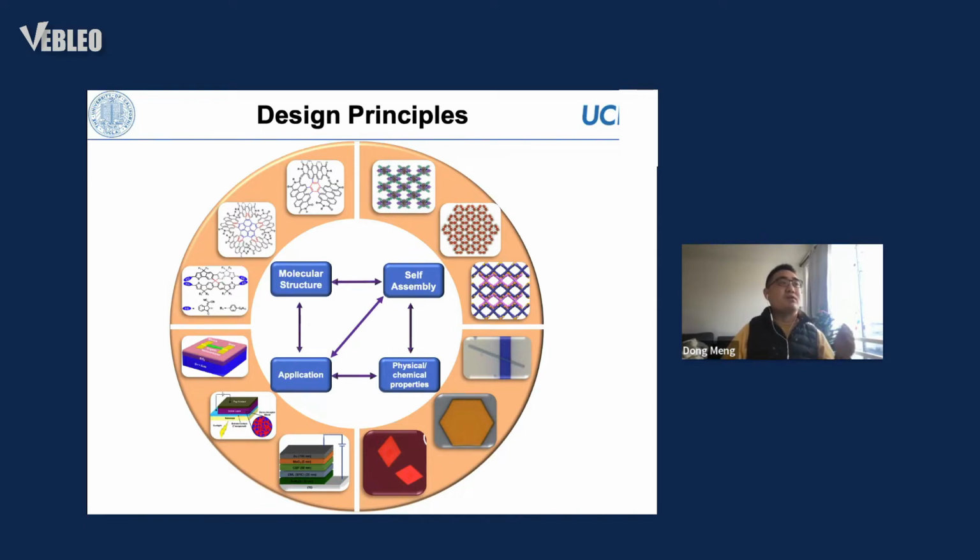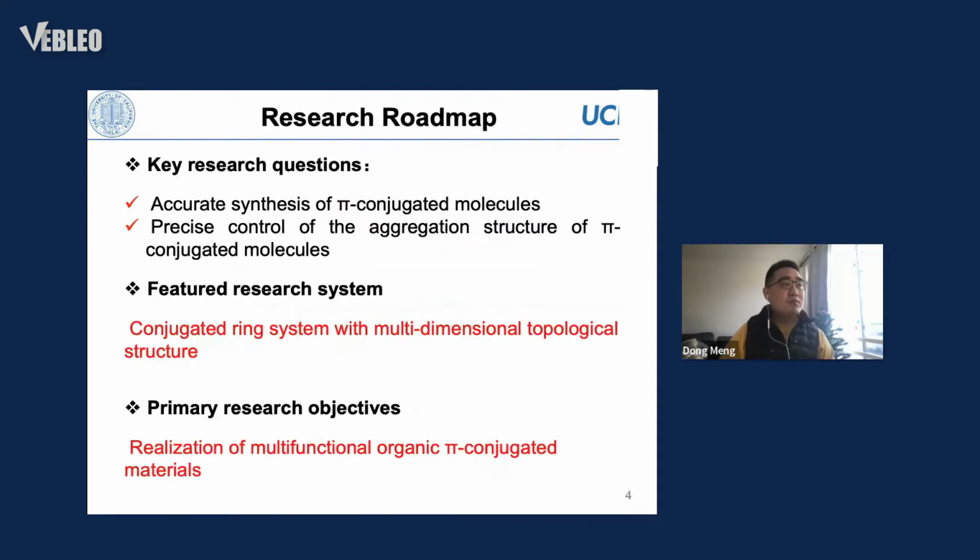We can also use simulation methods to get a better understanding, which helps design the molecules and achieve different assembly structures. Besides understanding the design principles, we must know the roadmap, where the question is, and how to address it. For pi-conjugated molecule materials, we must understand two major questions.